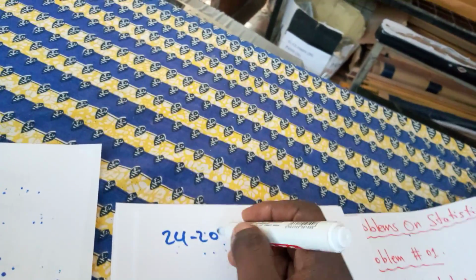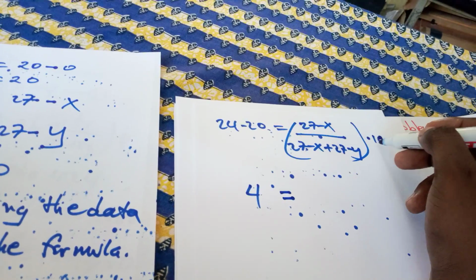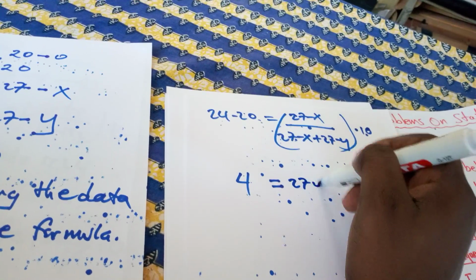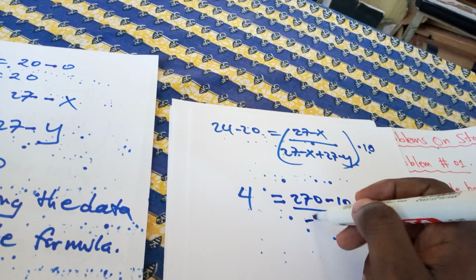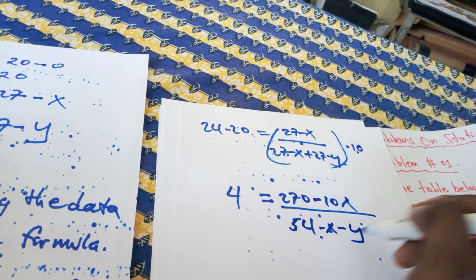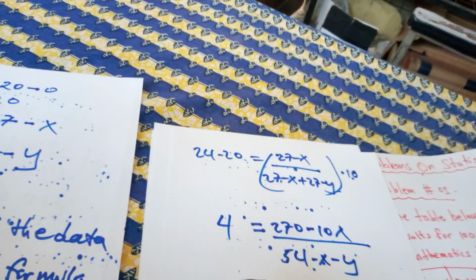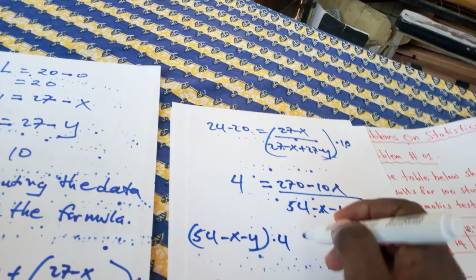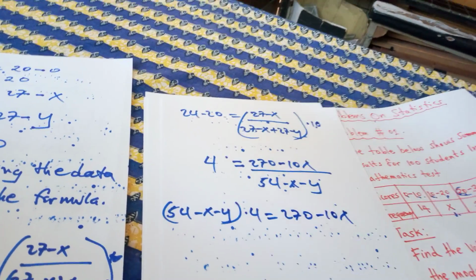Here we remain with 4 equals, when you distribute 10 inside, 270 minus 10x over 54 minus x minus y, and then we cross multiply. It will be 54 minus x minus y, bracket times 4, equals 270 minus 10x.